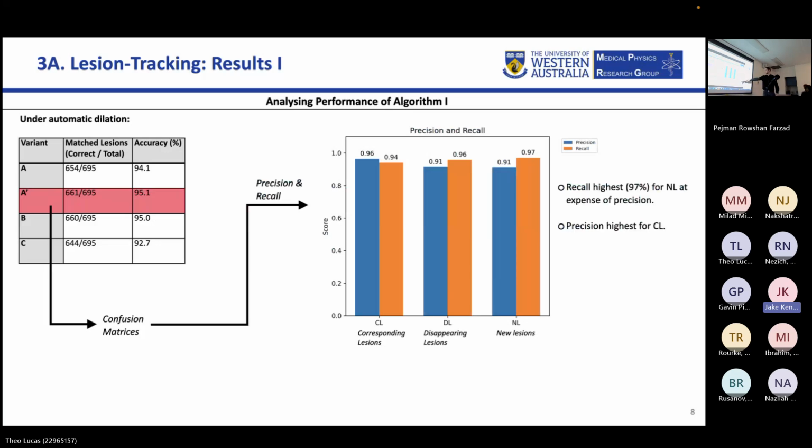What this is telling us is, for example, that the algorithm was the most sensitive at determining new lesions. Okay, and this just gave us a better insight into the strengths and weaknesses of the algorithm at determining these 3 individual categories, which, depending on the clinical application, you might want an algorithm that has better precision at determining corresponding lesions, for example.